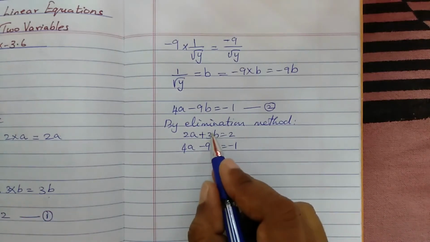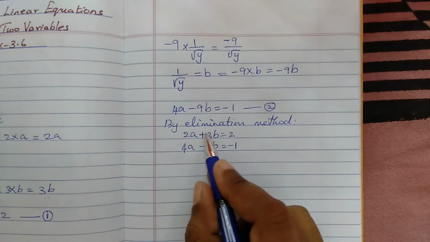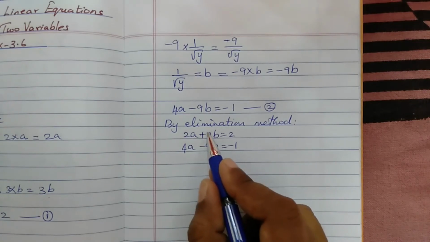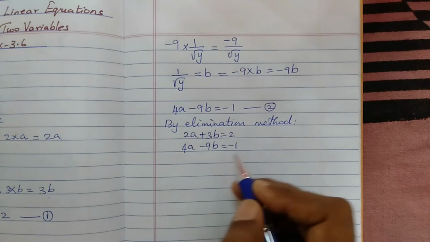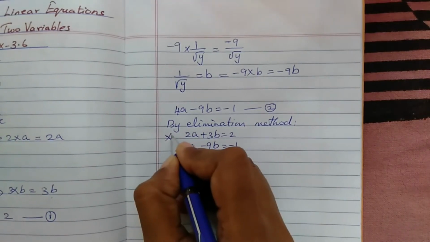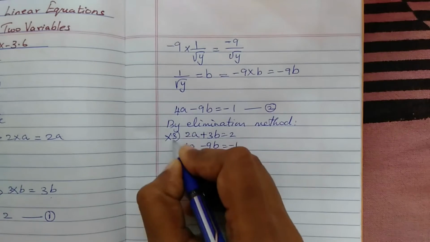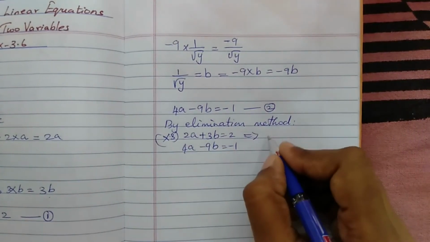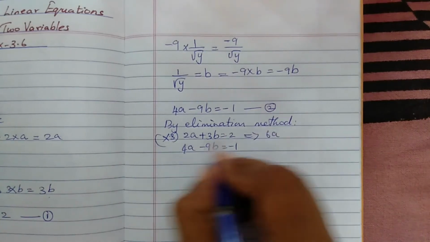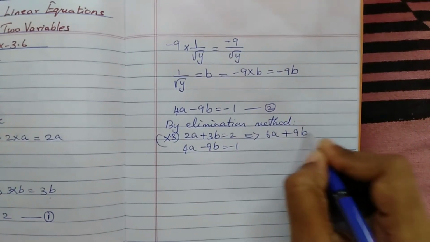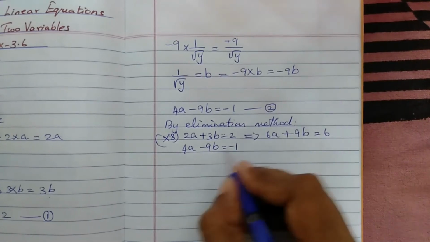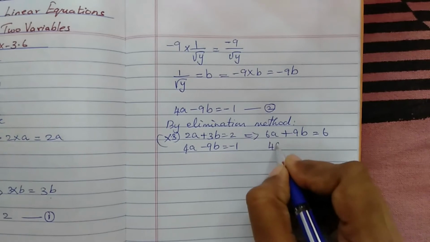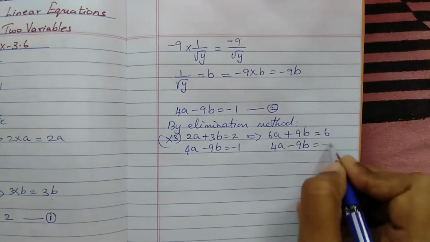I prefer to eliminate the b variable, because if I multiply this equation by 3, then I will get a 9b here, so plus 9b and minus 9b can be cancelled. So let's multiply this by 3. This gives you 3 into 2a is 6a, 3 into 3b is 9b, and 3 twos are 6. The second equation need not be changed, so it remains the same: 4a minus 9b is equal to minus 1.